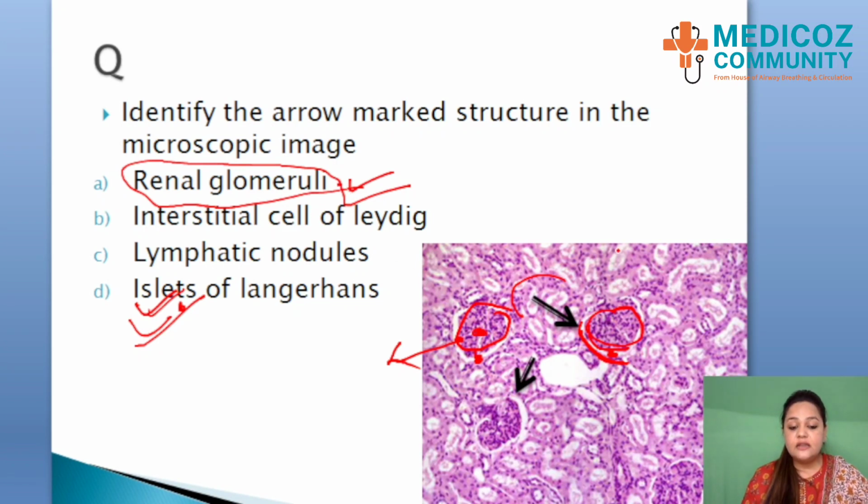You can see the PCT and DCT here. The one with the hazy lumen is the PCT, and the one with the clear lumen is the distal convoluted tubule. So when you are seeing this kind of image, do not focus only on the marked area; you have to look at the surrounding structures to get a clear idea about the structure. So the answer here is renal glomeruli.